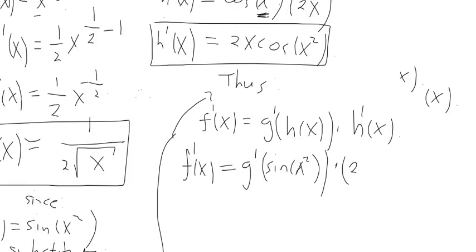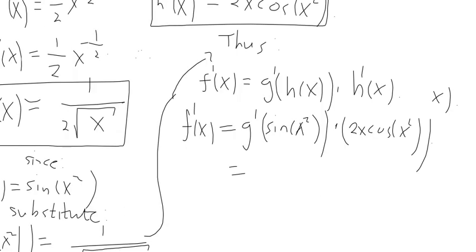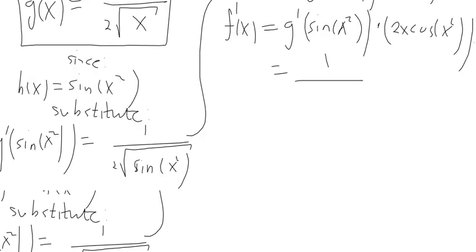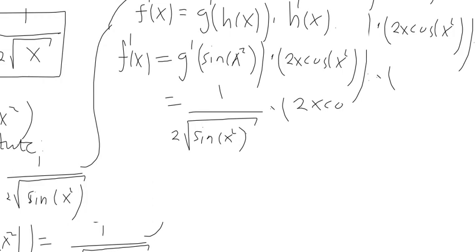And we know g prime of sine of x squared was 1 all over 2 times the square root of sine x squared, times our h prime of x, which we found to be 2x times cosine of x squared.